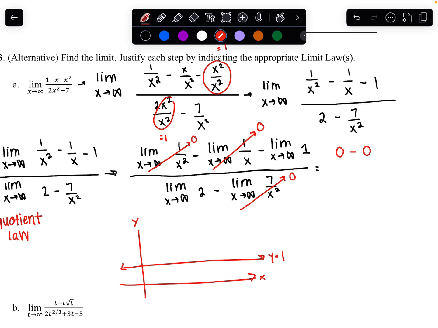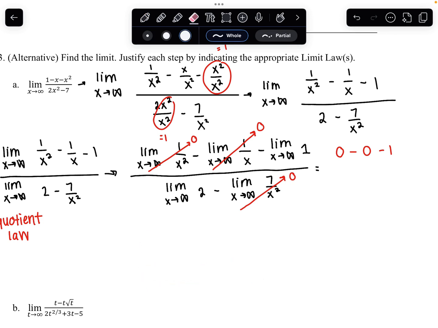It's always going to be 1. Same thing with 2. Just know that the limit of a constant is the constant itself. Okay. All right. Mind your negative signs, people. This is going to give us -1/2. Okay?